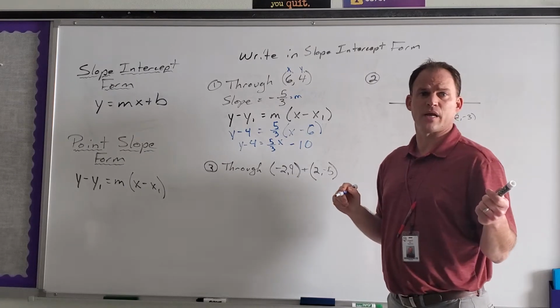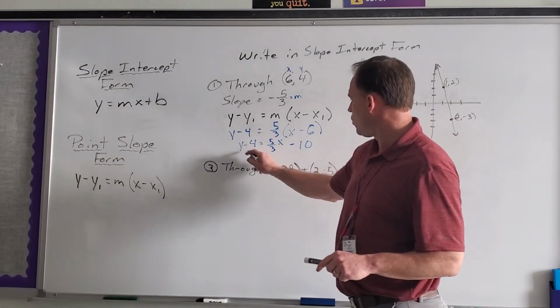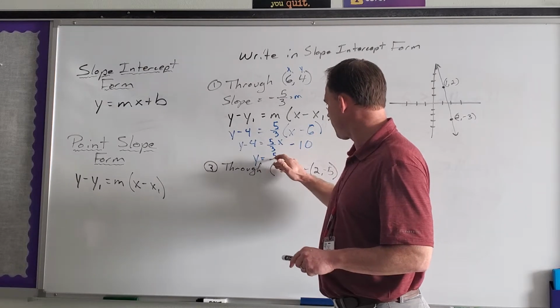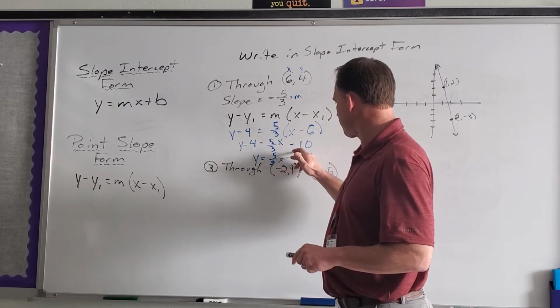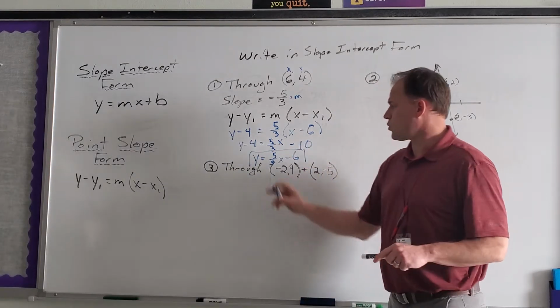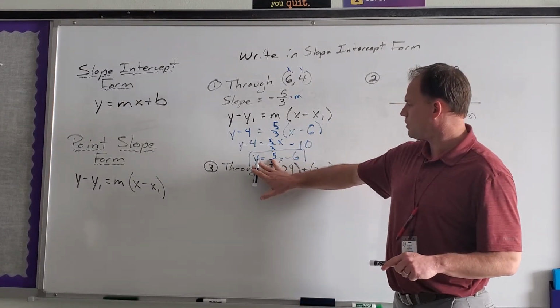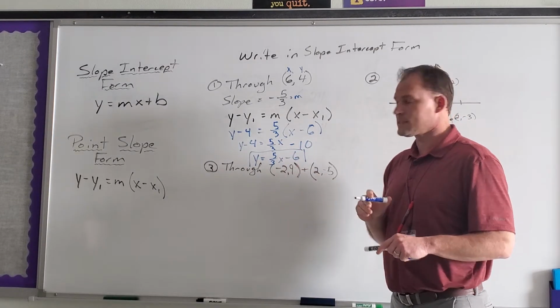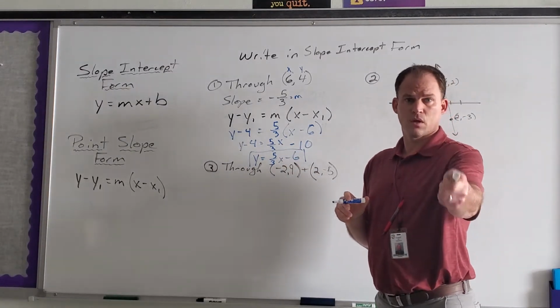Get a calculator if you're not good with fractions. All right, one last step, add 4 to both sides. There's my final answer. Y equals 5/3 x minus 6. Moving on.